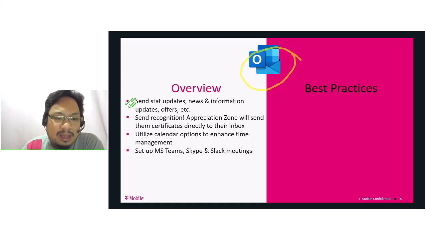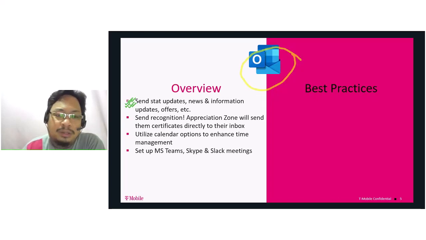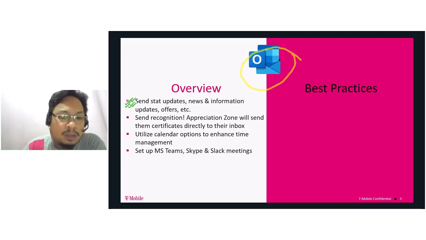For the meantime, in the virtual world, Outlook is best for sending stats, updates, news, and information, our target offer. If you have scripts, there's a lot of things that you want to write. It doesn't mean that it's the only way, but it's one of its functions as an overview.